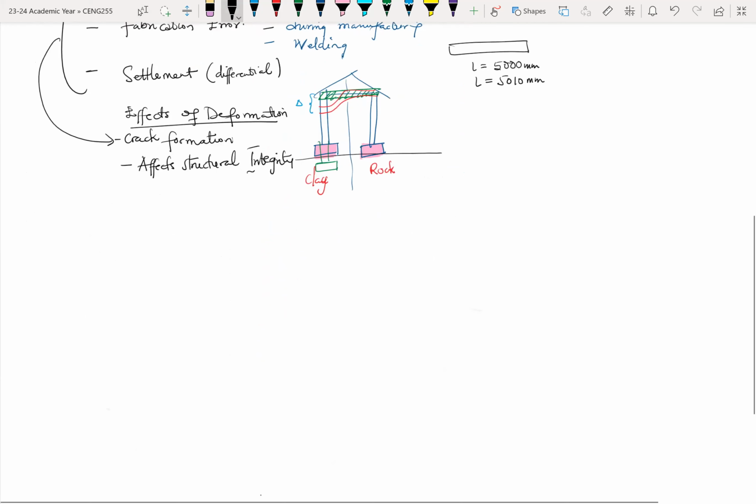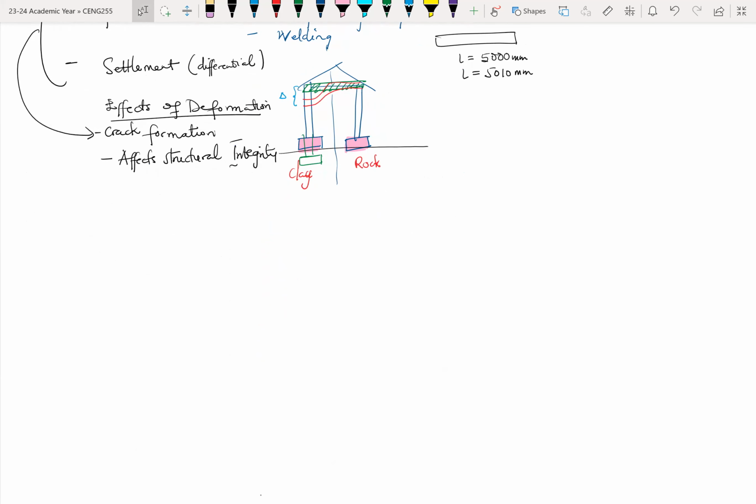So before we go into calculating anything on deformation, normally when we are looking at deformation, we look at what you call the elastic region. I'll explain what that is.